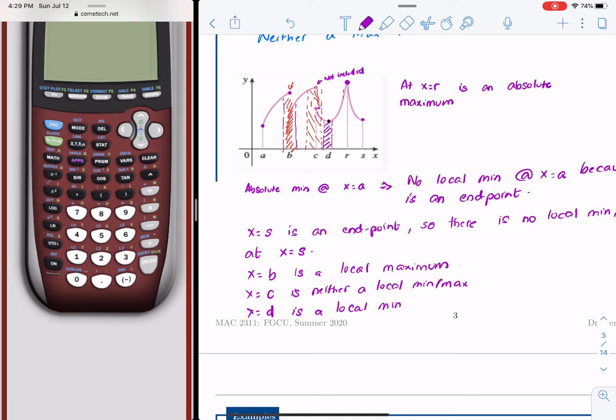If I draw an interval on either side of r, that particular value that we see at x is equal to r is larger than every single value of y on that interval. So it is also a local maximum.